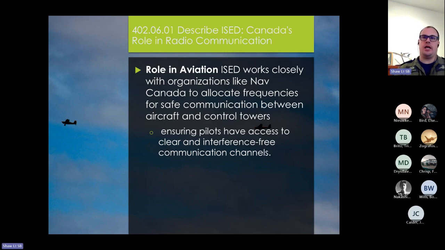What they do for us in terms of aviation is work closely with organizations like NAV Canada to allocate frequencies for safe communication between aircraft and control towers, ensuring pilots have access to clear and interference-free communication channels. The radio works differently than your telephone. On a telephone, you can have a conversation where both of you talk at the same time.